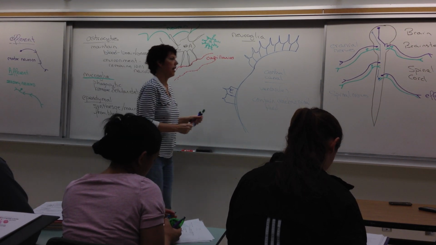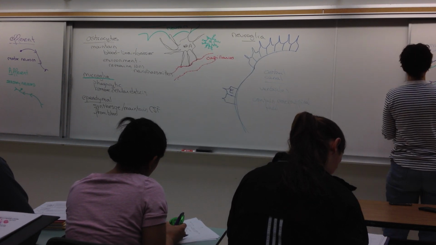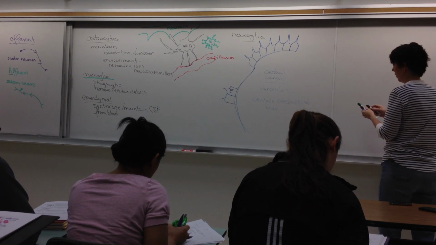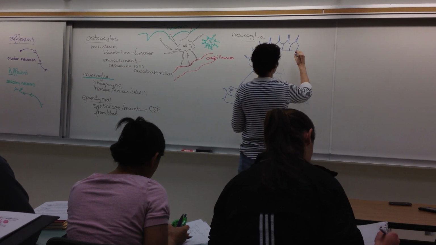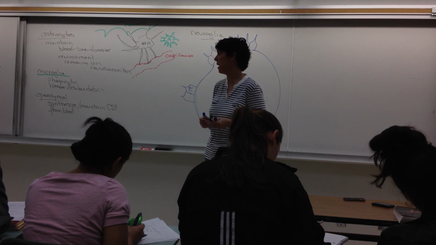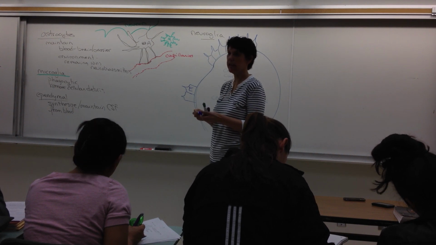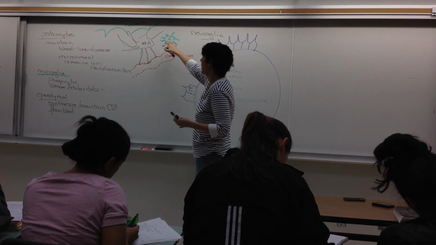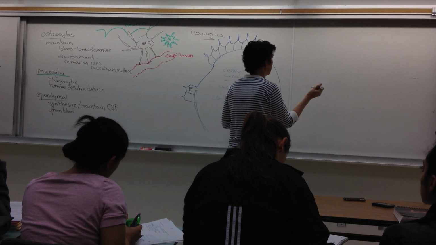Now the fourth type of neuroglial cell, I'm going to draw over here because I need more room. This is called the oligodendrocyte. And so it has multiple arms, just like we've seen with our astrocyte and our microglial cell.